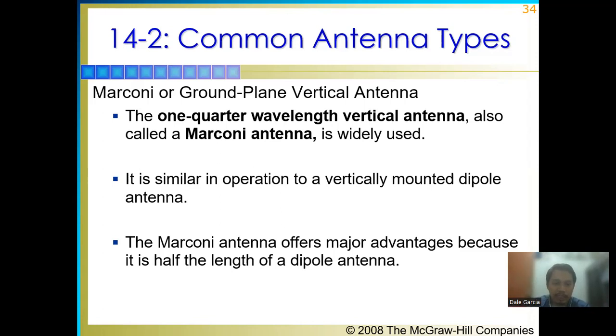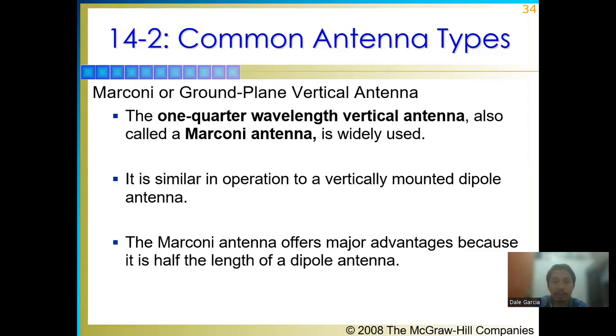It is the same as the Hertz antenna, except the other 1/4 is buried in the ground. So effectively it is still 1/2, but only 1/4 of the wavelength is exposed. That's why it is called ground plane, because one of its segments is used as ground.